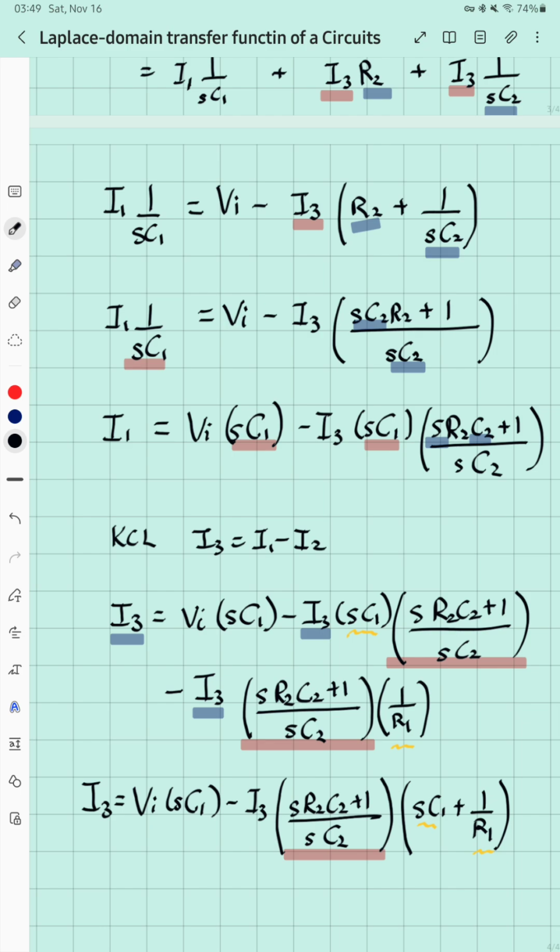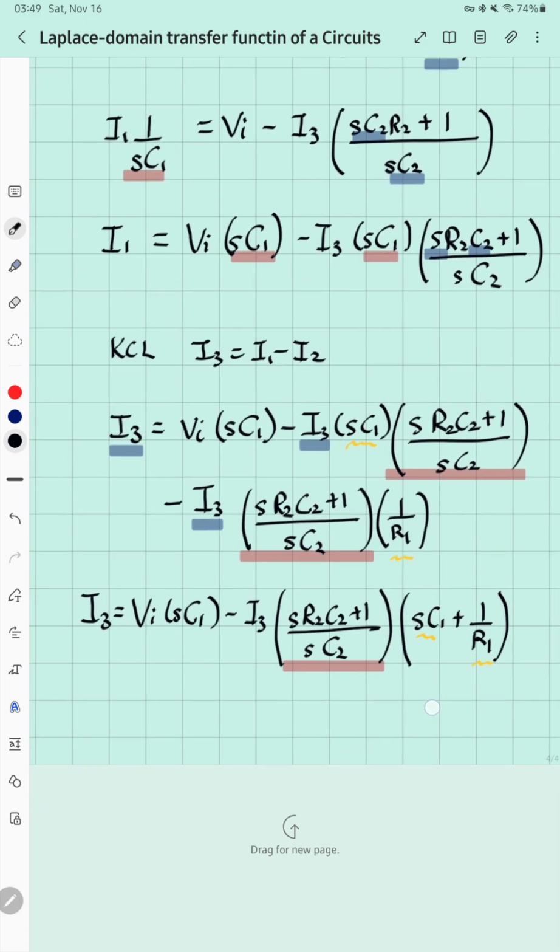So there's still a little more work. What we're trying to do eventually is find everything in terms of I3.